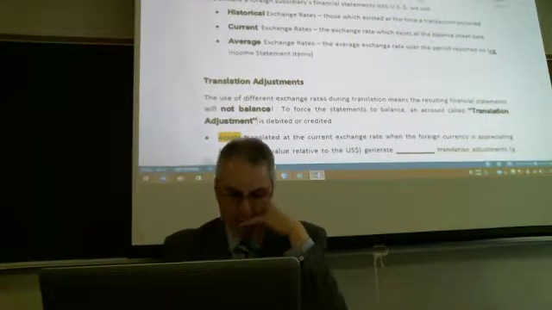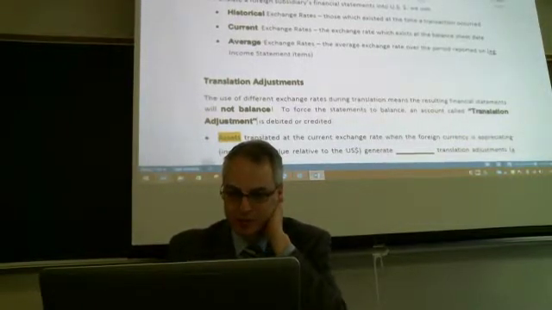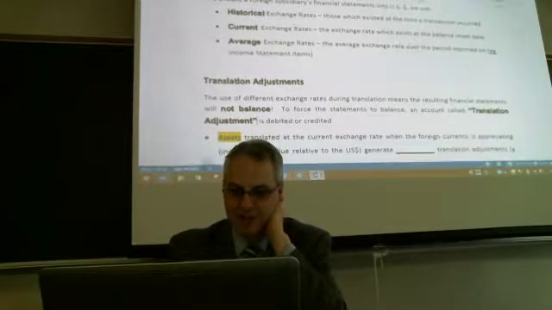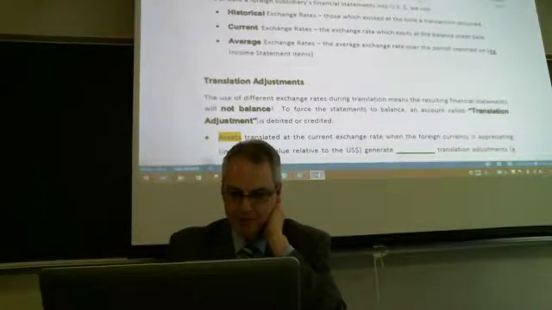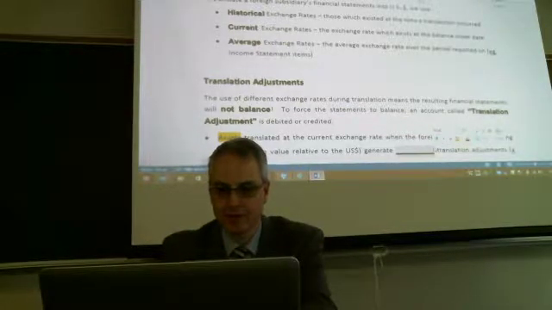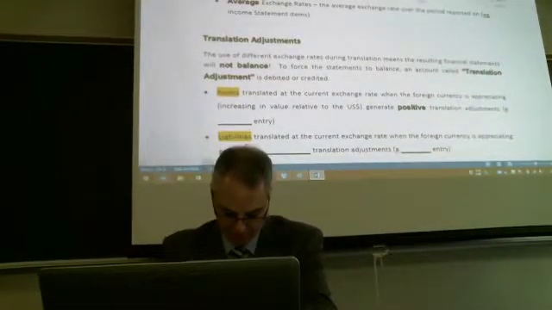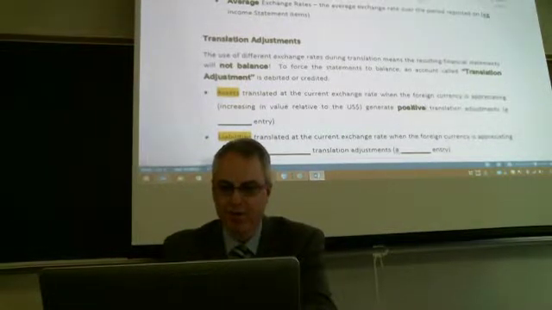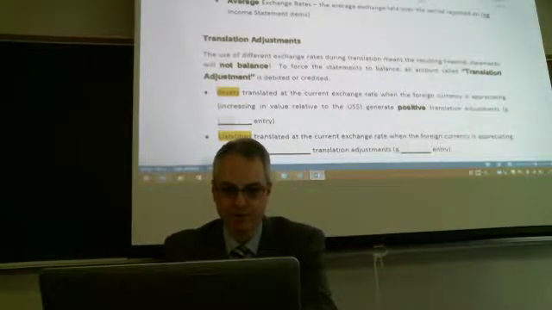Okay. So assets translated at a current exchange rate when the foreign currency is appreciating, increasing in value relative to the US dollar, generate what would that generate? Positive translation adjustment, and this would be a credit entry.